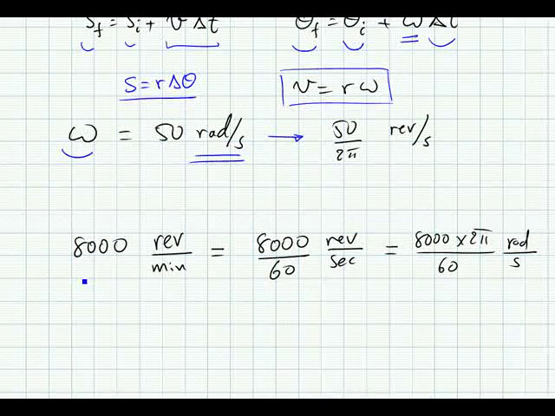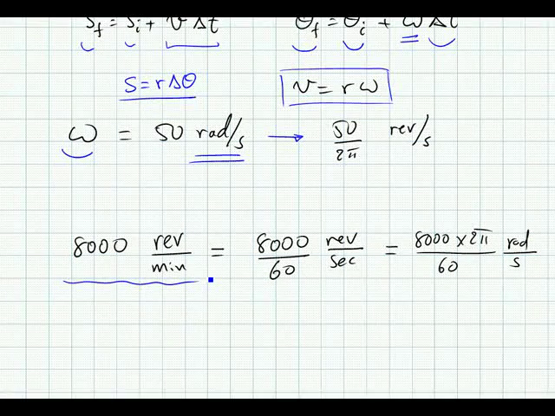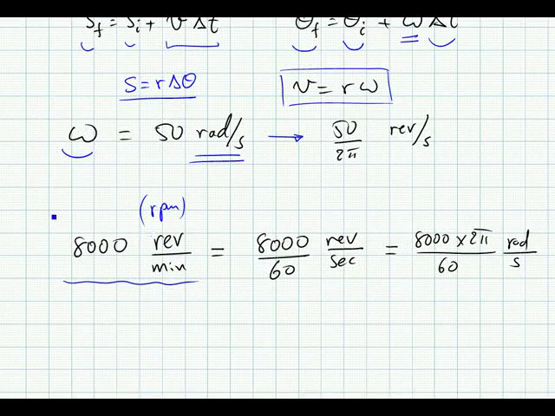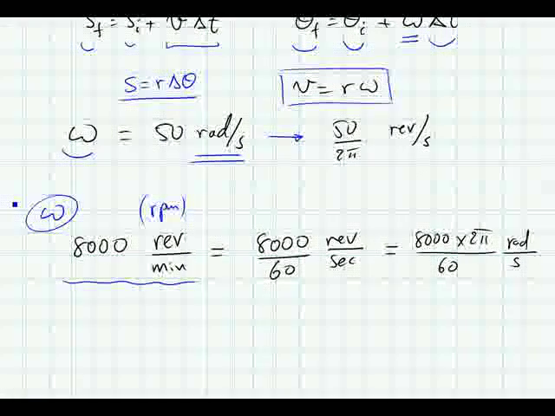Similarly, if you have 8000 RPM, that's revolutions per minute, and you want to convert that to radians per second, 8000 RPM expresses an angular velocity.